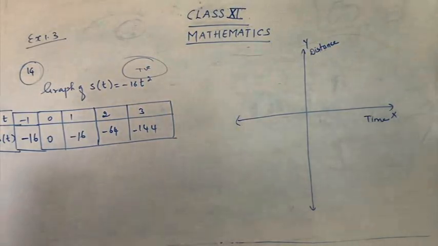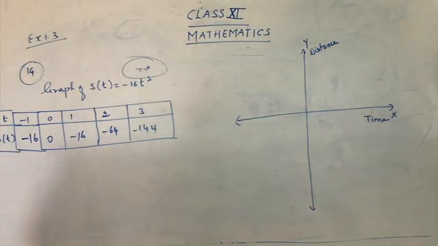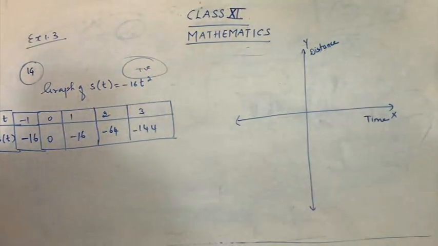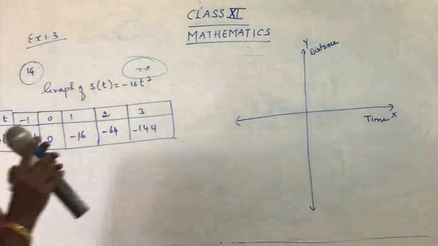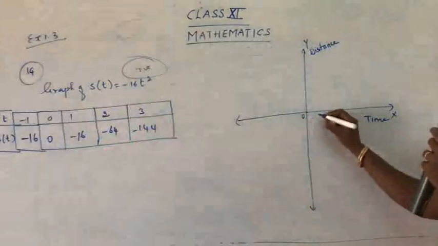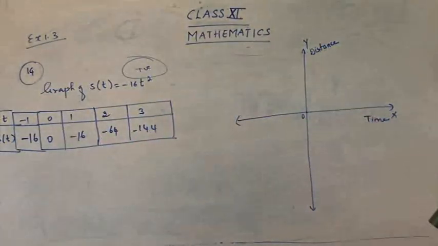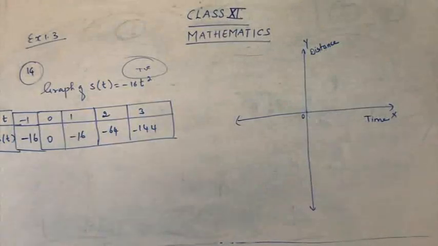Plot the values for t. It takes minus 1, 0, 1, 2, 3. First you plot the 0 at the origin, then you have 1. Just use your scale when you plot the numbers so that your graph will look neat, because we are not using graph paper, children.